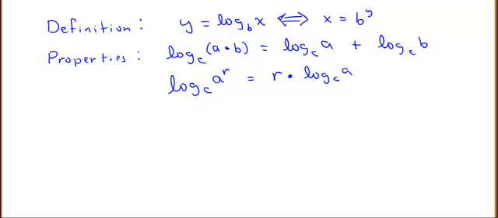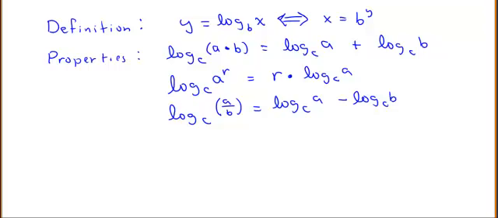Then as a result of these two properties, we were able to verify that the log base c of a over b was the log base c of a minus the log base c of b. Your book will list lots of other properties, but these are ones that are important to us.